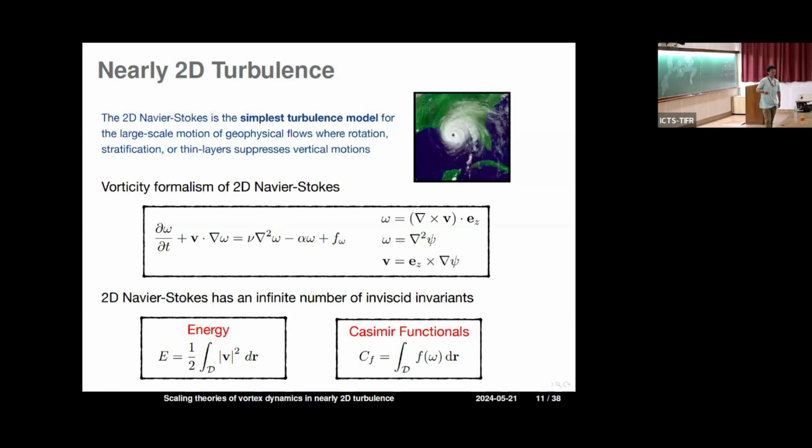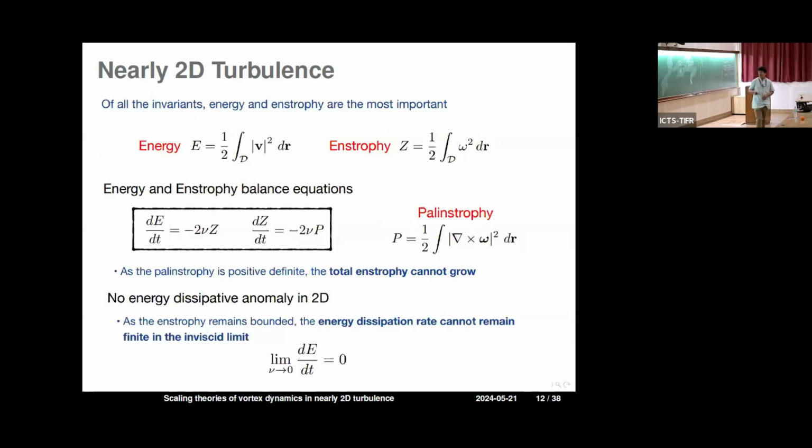And in this kind of 2D turbulence, there are always invariants when viscous or frictional terms go to 0: energy and many more kinds of invariants exist. One of the invariants is what we call enstrophy in the system. In 2D turbulence, the most important thing is the palinstrophy term, which connects with the enstrophy evolution and is always positive definite. So this term always decreases with time.